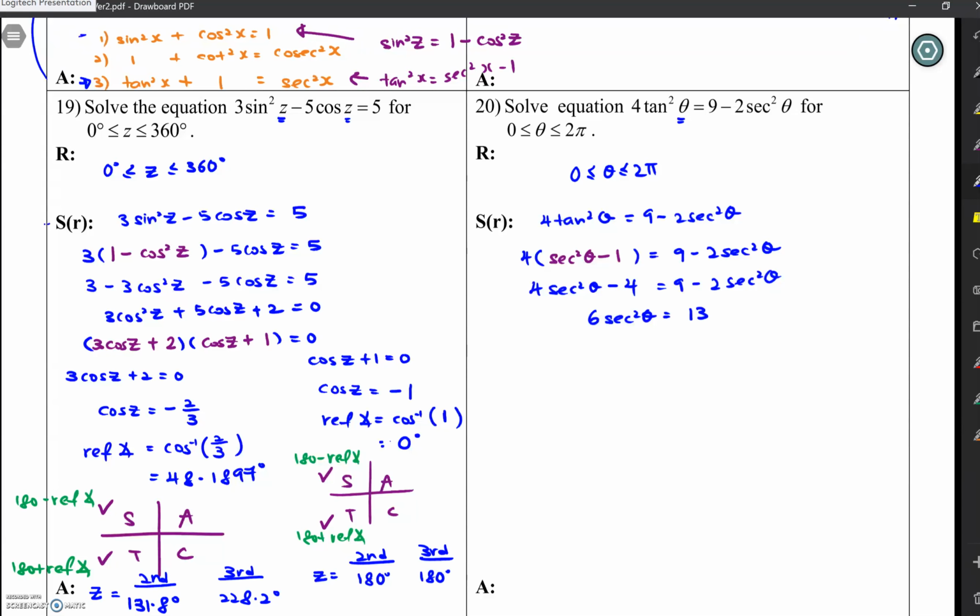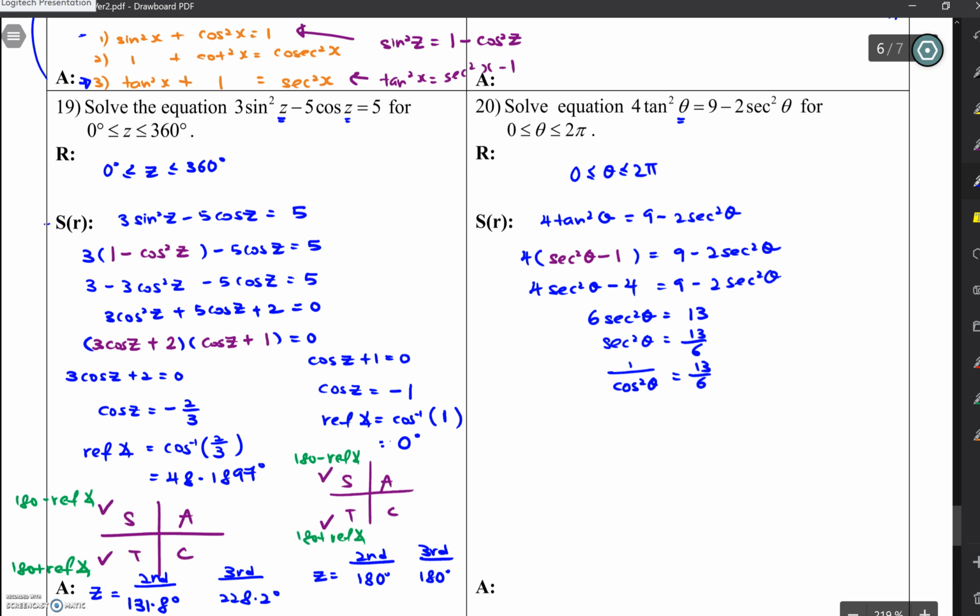Of course, can I remember my step? I need to make secant theta the subject. So I'll make secant square theta the subject first with 13 over 6. I can't do secant square. For reference angle, I have to find cosine or tangent. So for this case, just do a conversion. Secant theta is, I hope you can see, 1 over cosine theta, so secant square theta is 1 over cosine square theta.